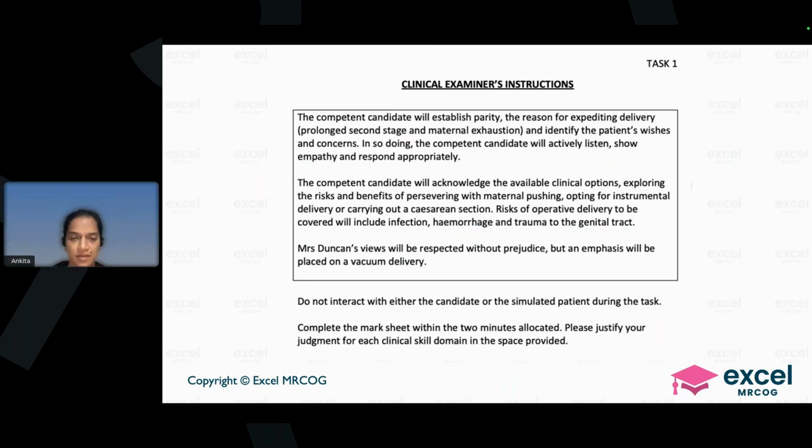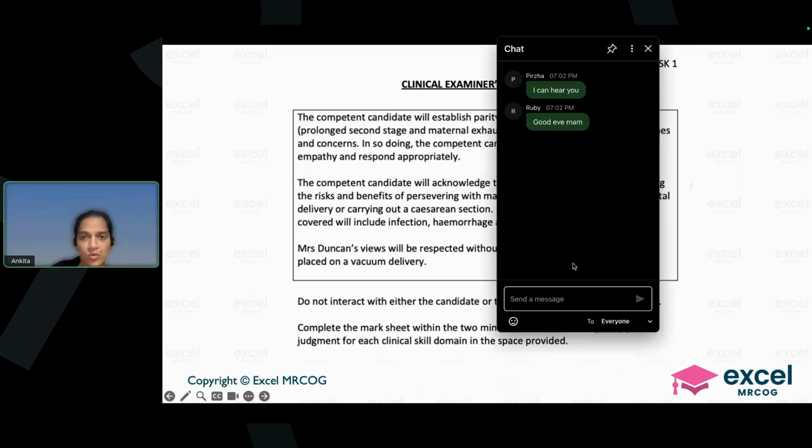Anybody? Why are you doing an instrumental delivery? So how are you going to explain that to her? She's pushing for 2 hours, she's exhausted. And she doesn't want an instrumentation done. So how would you say it? You can put it in the chat box. No worries.